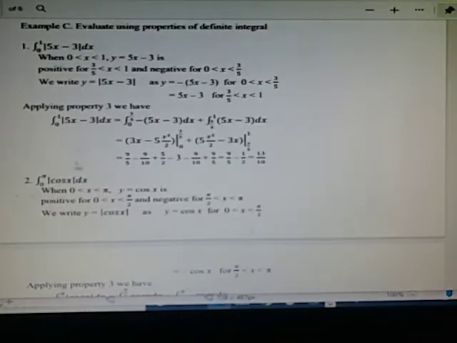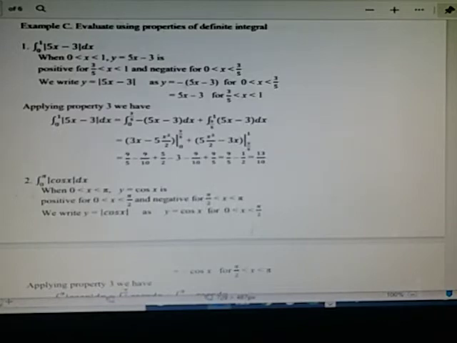Integrating, we get 5x square by 2 minus 3x. Adding both values, ultimately we get the result 13 by 10. So this is number 1.